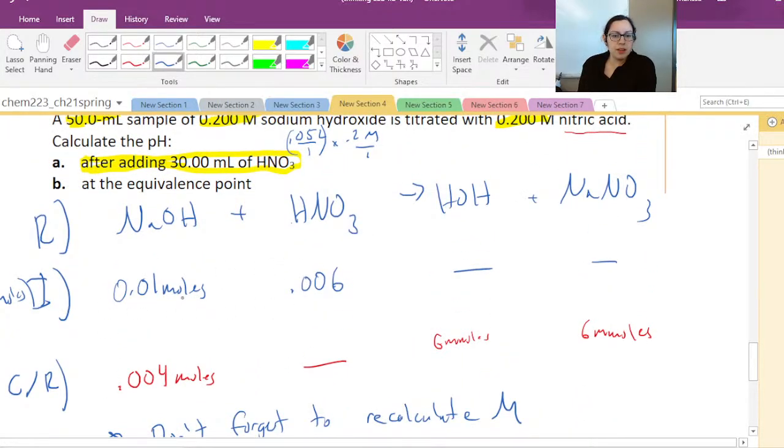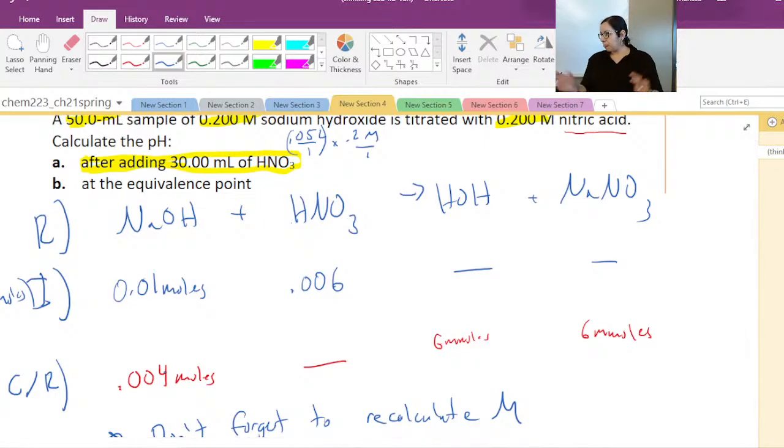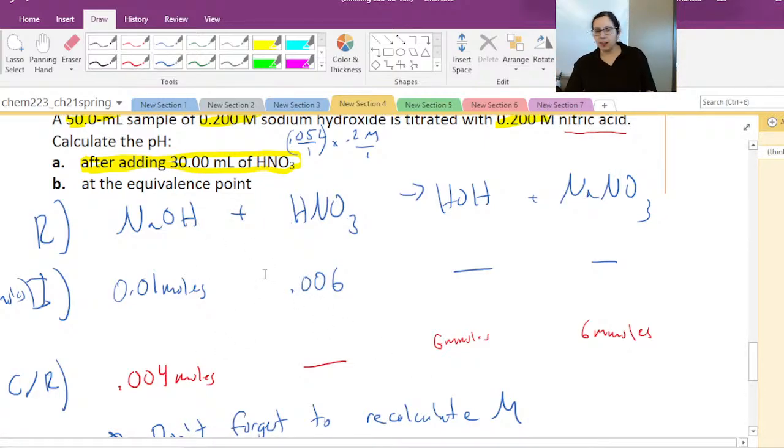So then we set up our initial conditions, and then we're seeing, okay, we have less acid than NaOH, so this is going to be fully consumed, and then I just did the subtraction, right? 0.01 minus the 0.006 to leave us with 0.004 moles of the NaOH. And so again, this process of figuring out how many moles and then how much, obviously you're doing the opposite, right? So you started with moles of acid.